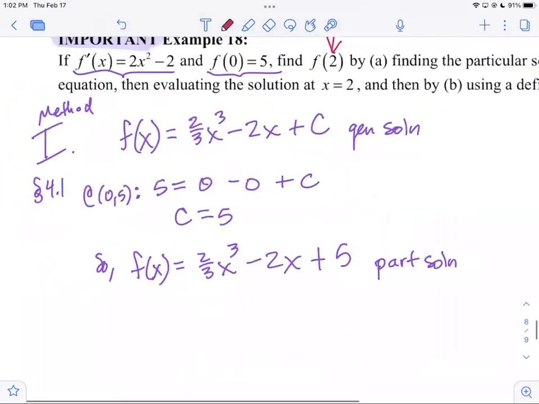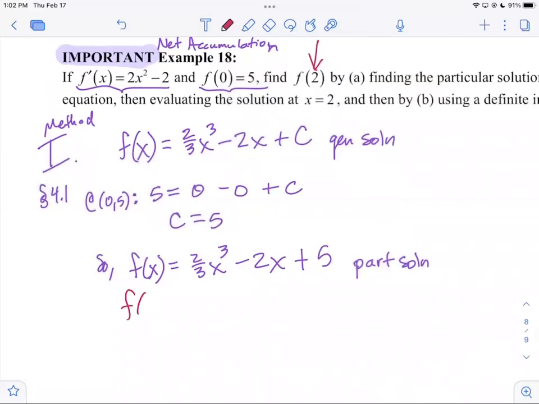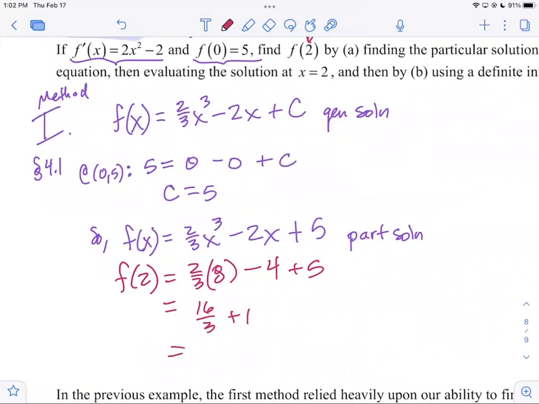I'll oblige. F of 2 must be 2/3 times 2 cubed, which is 8, minus 2 times 2, which is 4, plus 5. If I simplify, I get 16/3 plus 1, which is how many thirds? 19/3.